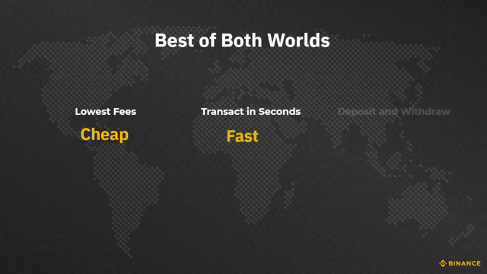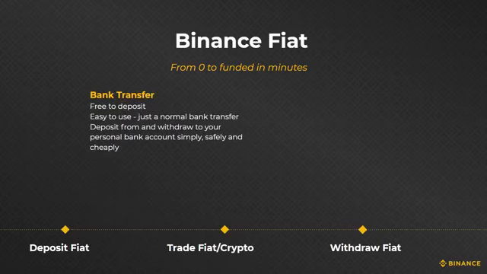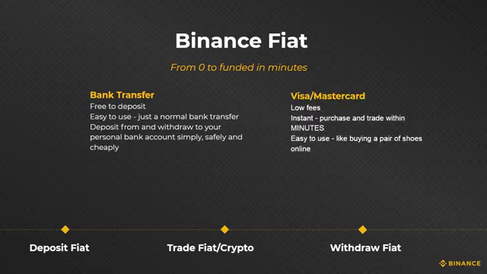It transacts in seconds, is fast, and deposits and withdrawals are convenient. With bank transfer, deposits are free and easy to use: deposit from the deposit form and withdraw to your bank account simply, quickly and cheaply, at any time of day. You can also use Visa and MasterCard to transact on your Binance platform, if your government has not banned cryptocurrency use.